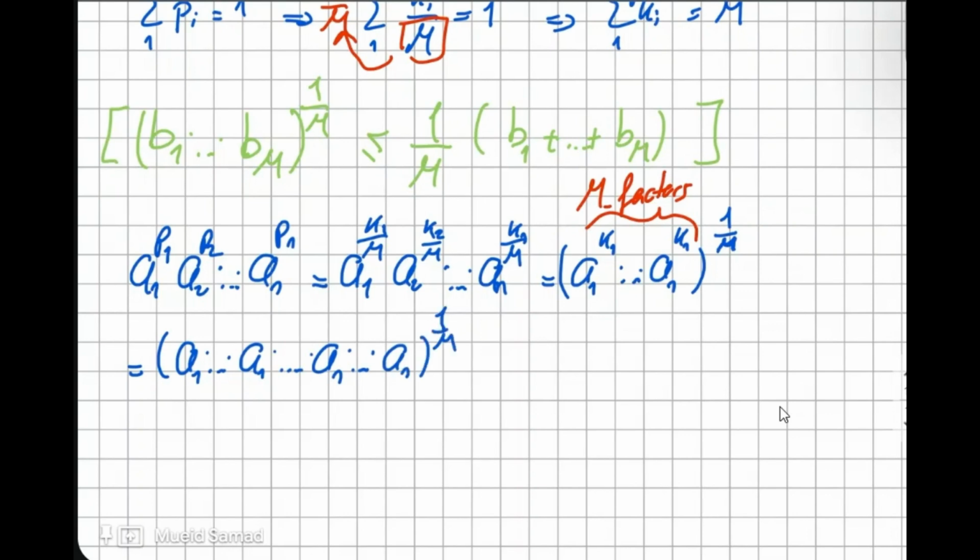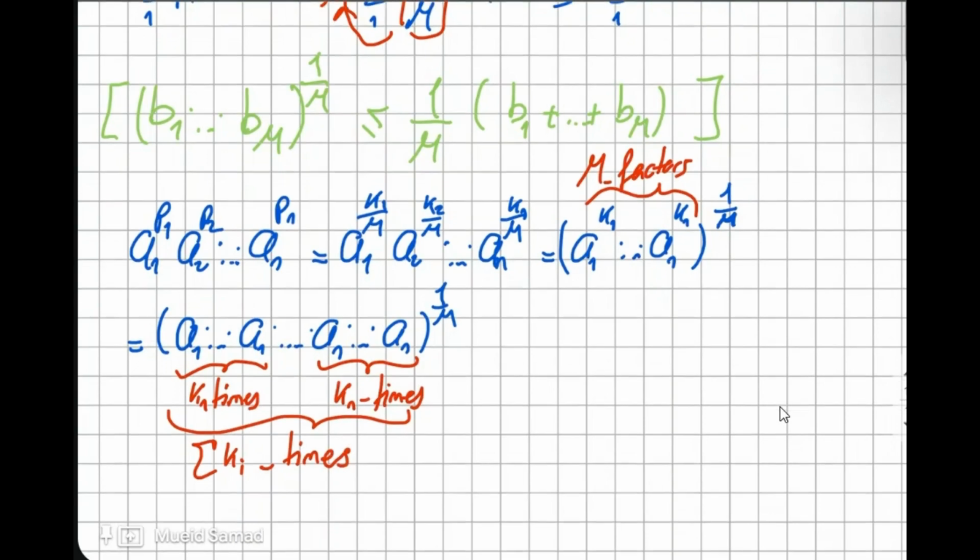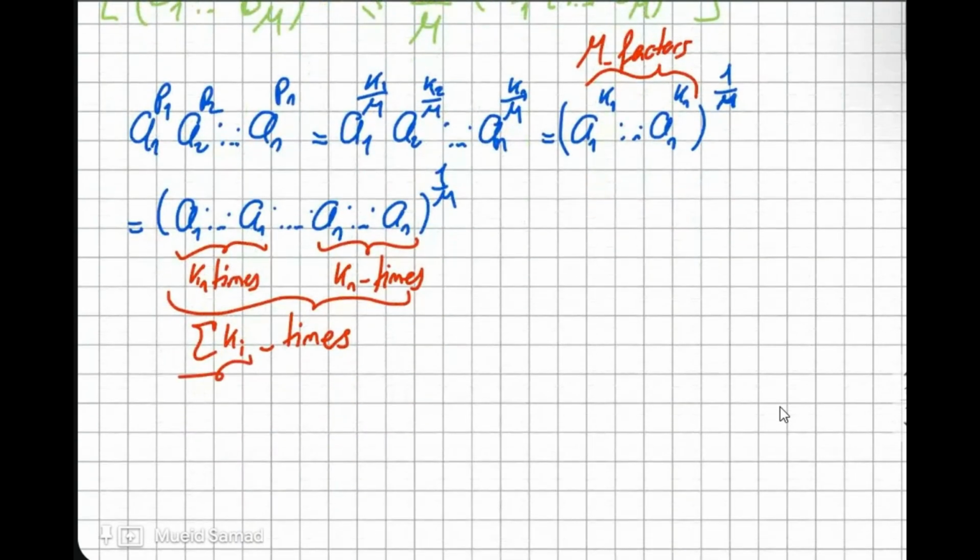So what do we see now? We see this here is, of course, k1 times. And this here is kn times, and for the other ones as well. And ultimately for all of them together, we have the summation of all of these ki's times, and of course, that's just m.